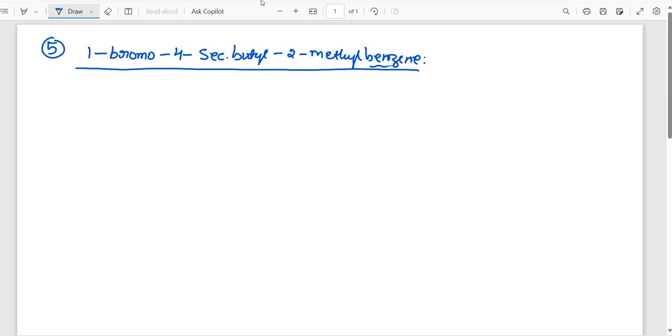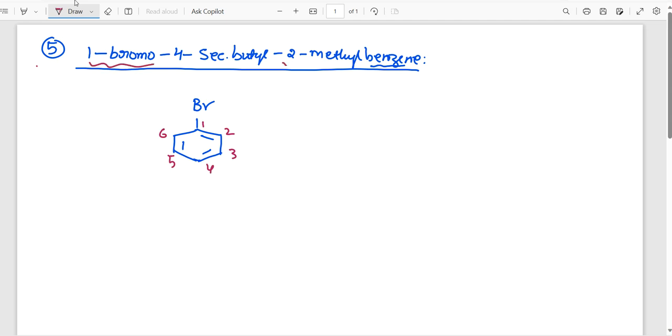We start from the benzene. Here we know from the hint that it is benzene, and we already know the benzene structure. So here is the benzene. At the first position, bromine is present. Now let us number these compounds without any confusion: 1, 2, 3, 4, 5, 6. At the first position, bromine is occupied.